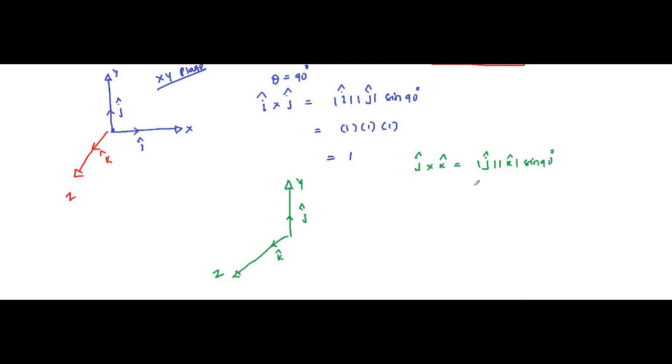That will be 1 into 1 into 1, unit magnitude, and the direction will be perpendicular to the YZ plane, and that is along the x-axis. So a vector of unit magnitude directed along the x-axis means it is i cap. So j cap cross k cap gives us i cap.